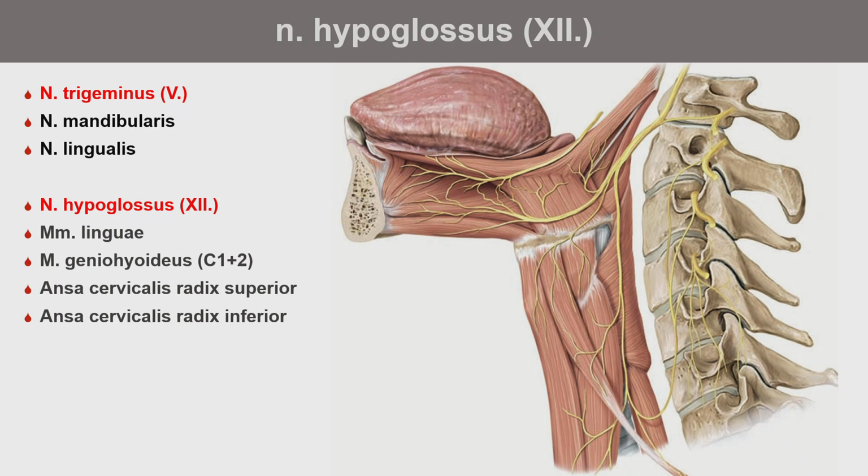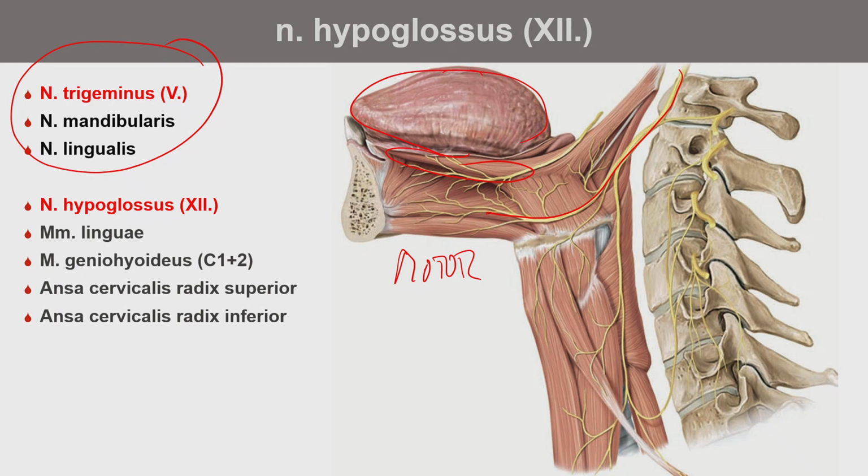So here is an important relation between two nerves, hypoglossus and this one, trigeminus. Hypoglossus is the motor innervation of the tongue and the floor of the mouth.